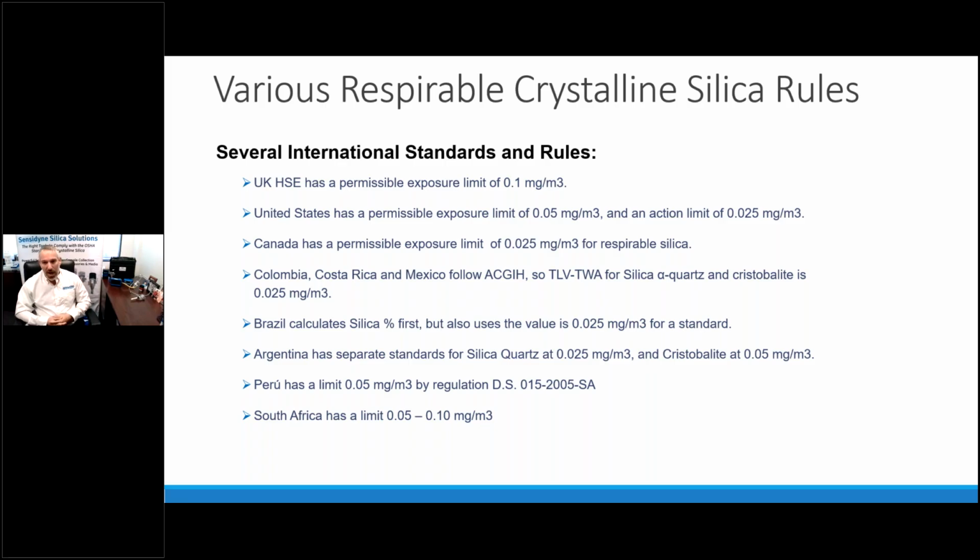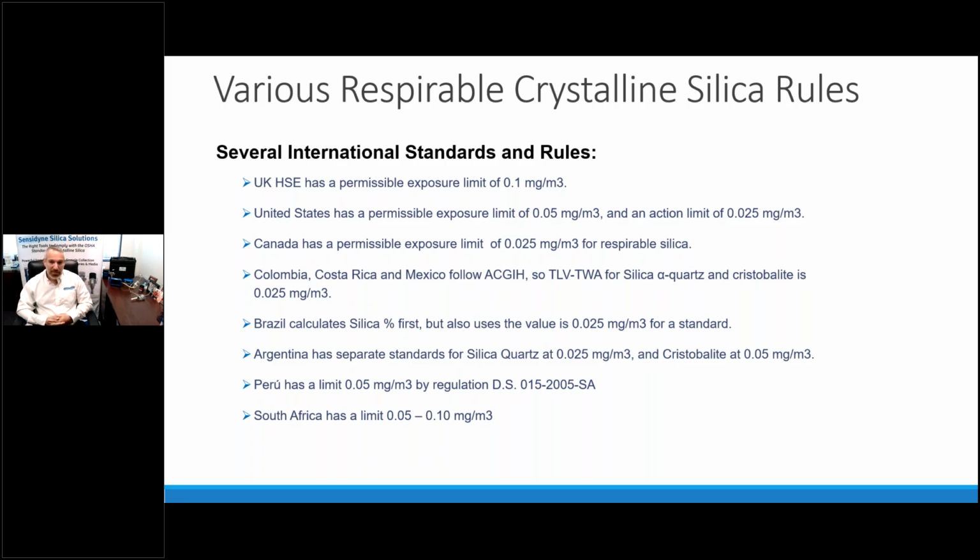So our new limit is 0.05 milligrams per cubic meter, with an action limit established at half of that, 0.025 milligrams per cubic meter. I'll talk a little more about what the action limit is and how it's utilized to implement certain actionable items when exposure is above that limit.